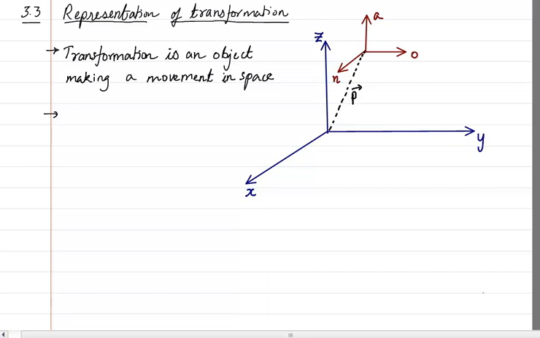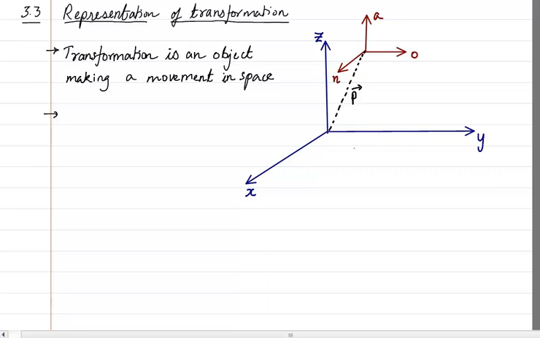The next point is we can write a transformation matrix for the frame NOA here when the fixed frame or the reference frame is fixed. That means the XYZ frame is fixed.